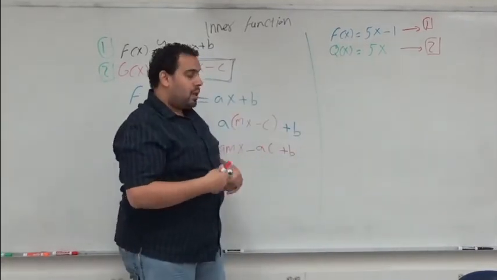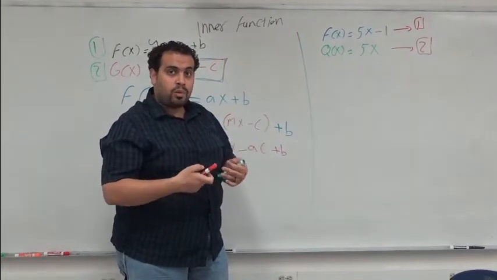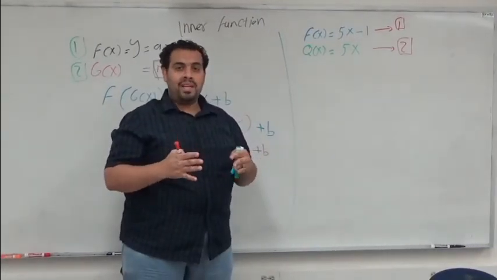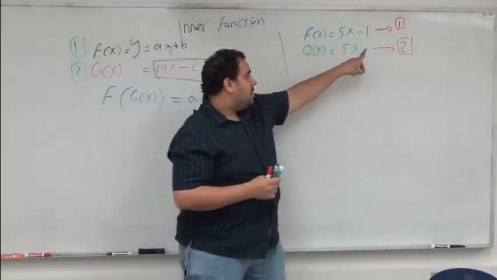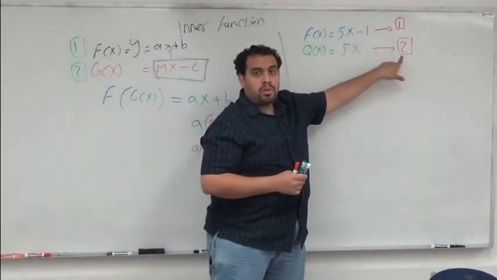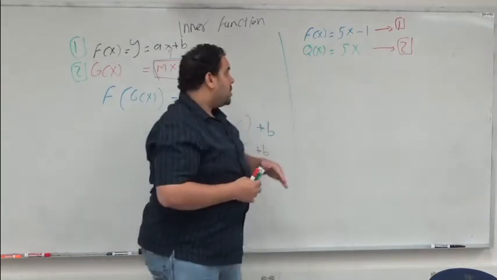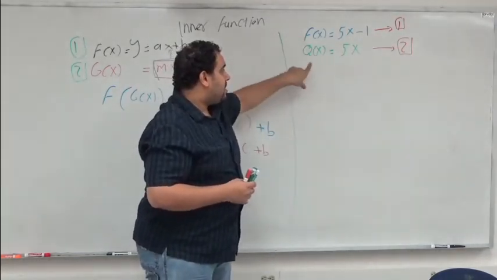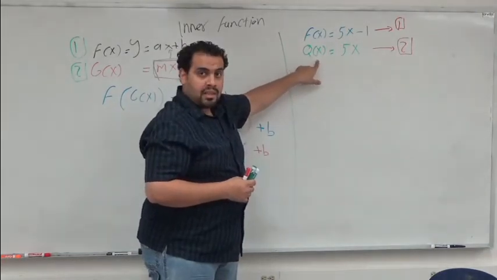Now we will do what? The same thing, but we will do it in numbers. And I will do it in 2 ways. I will take 1 inside 2, then we will do 2 inside 1. So I said 1 inside 2. 1 is what? f of x inside q of x.